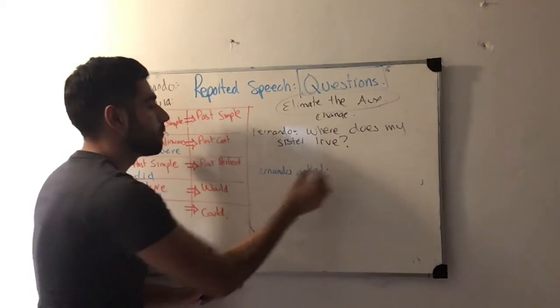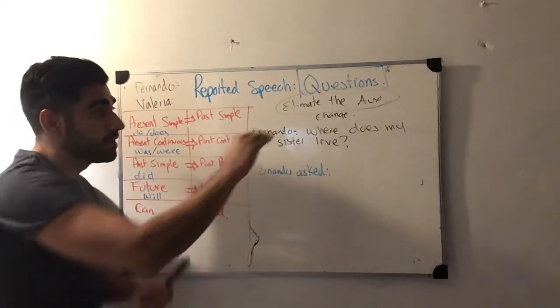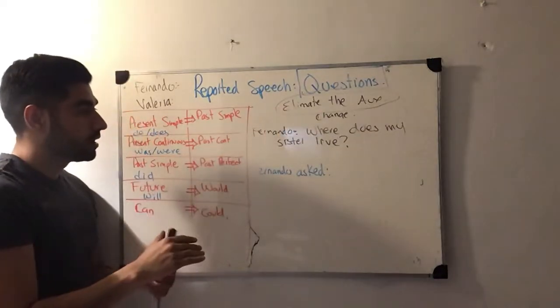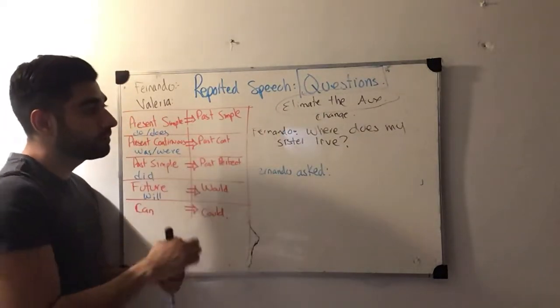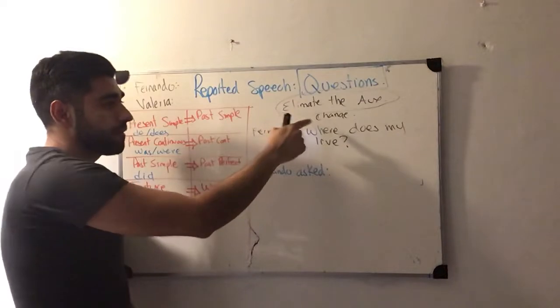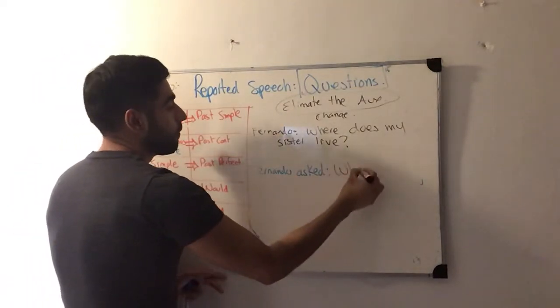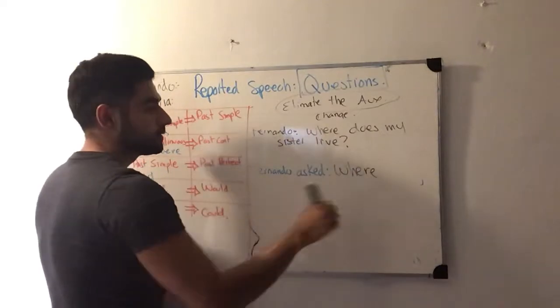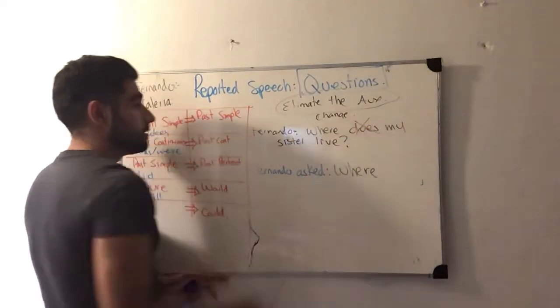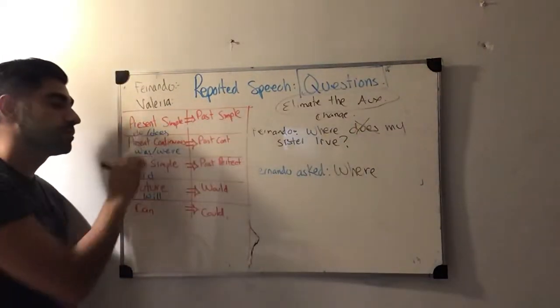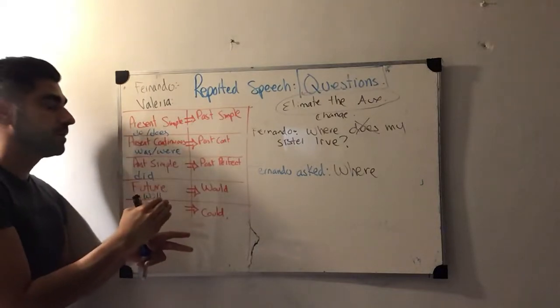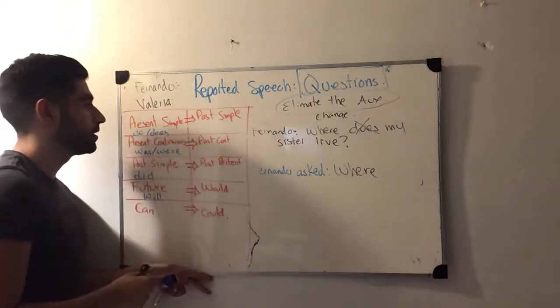Fernando asked, and what did he ask? In this case, we have to change all of the question into the reported way. And as I was telling you, we have to eliminate the auxiliary. So, Fernando asked where, the question word will be the same. The auxiliary is going to be this one: if we have does or do, you already know that we have to eliminate it, okay? That one is the one that we use in present simple.